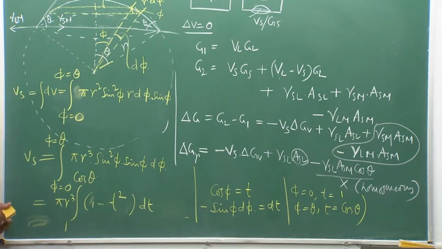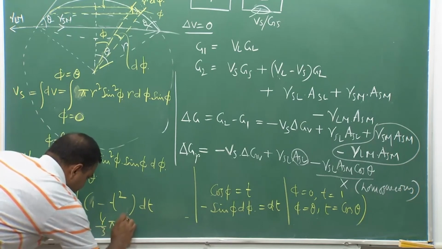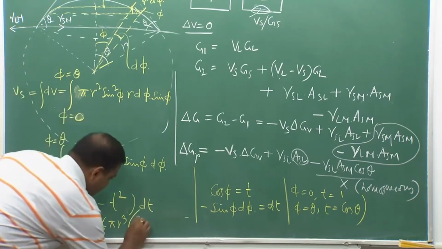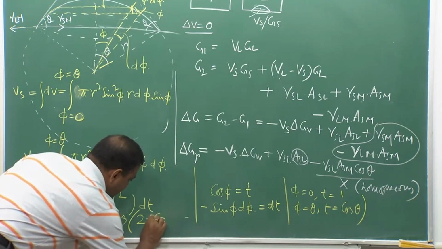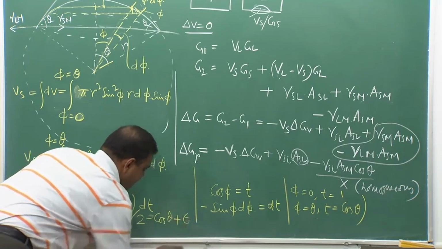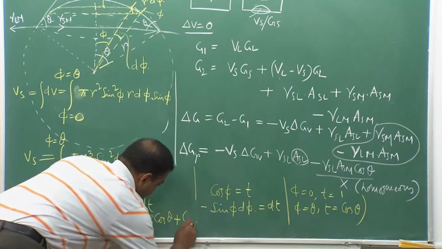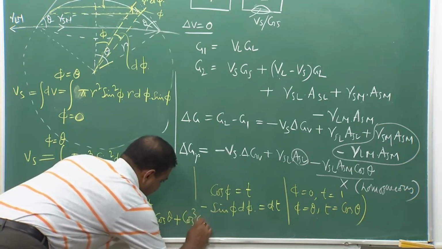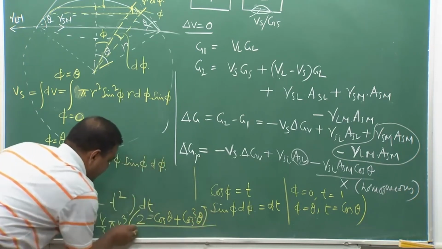If we solve this, we will get, after readjustment, 4 by 3 pi r cube times 2 minus 3 cos theta plus cos cube theta, divided by 4.